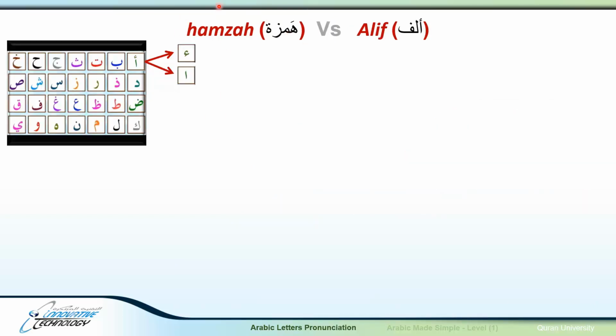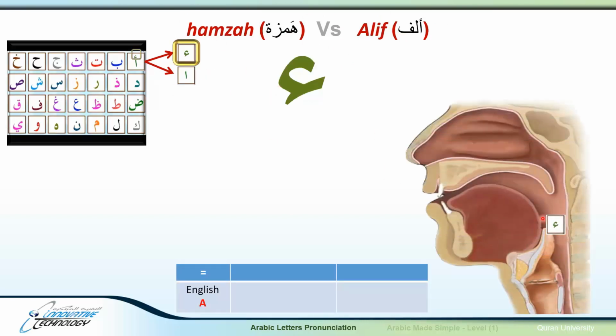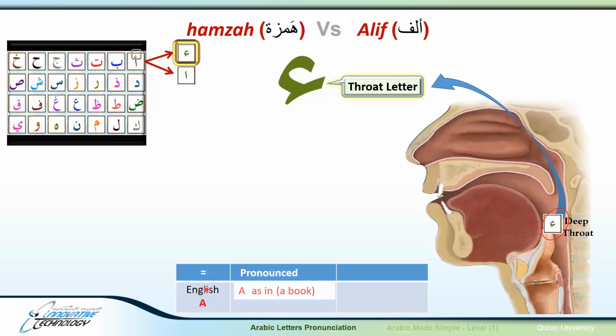Let's compare the hamza with the alif. Hamza, a, is articulating at the deep throat. That's why it's a throat letter, and is equivalent to the English A as in a book, named Hamza, while the remaining stick part of the alif is a letter with an extendable sound, which is basically a vowel.